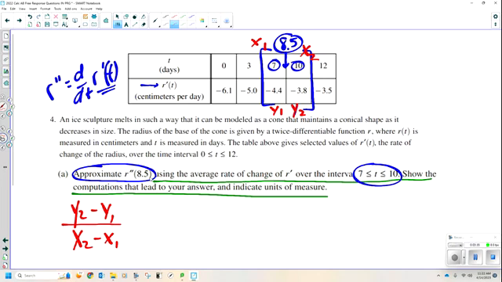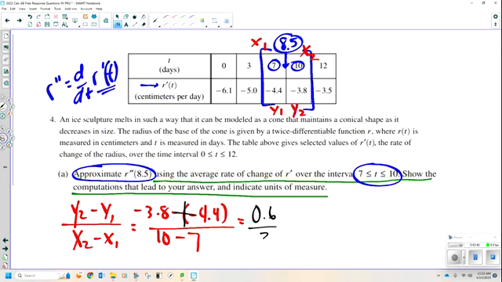So I'm just going to do negative 3.8 minus negative 4.4 all over 10 minus 7. Okay, and we don't have a calculator, but don't freak out. When I subtract a negative, this is going to turn to a positive. I'm like adding these, and I should get 0.6 over 3, which gives me 0.2.